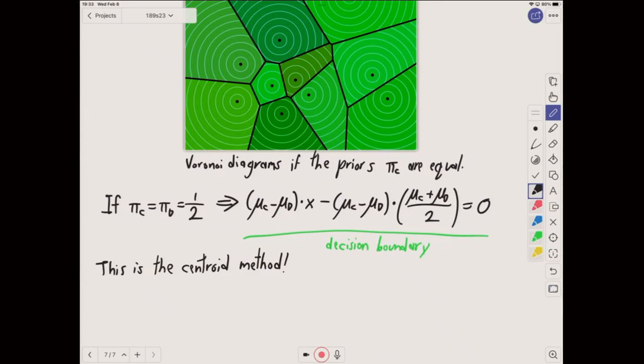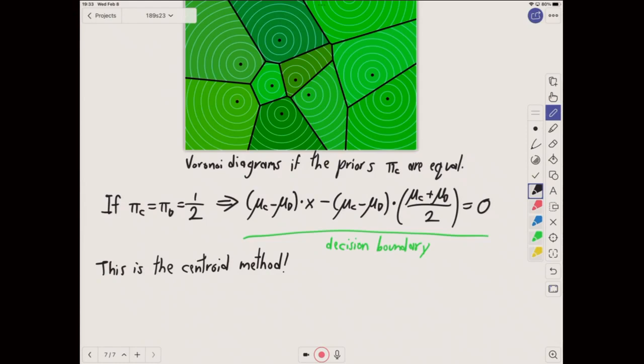Any questions about that? Yeah. Oh, when you consider the posterior probability, no, we don't always assume that pi c equals pi d.